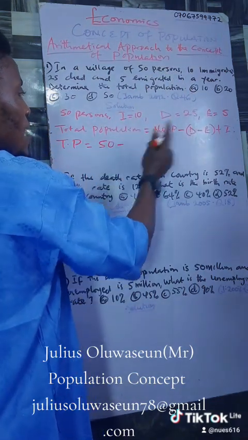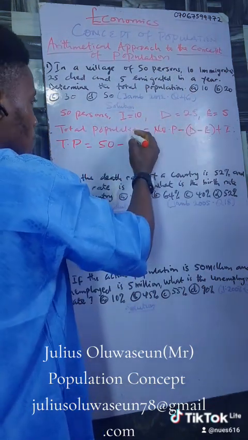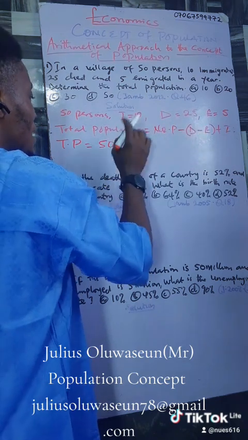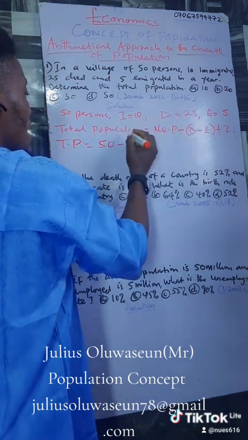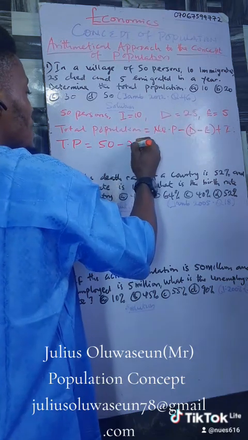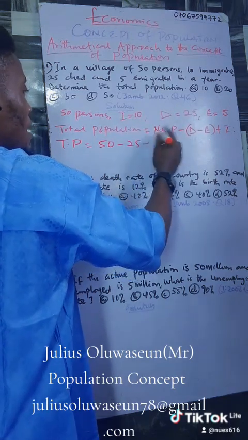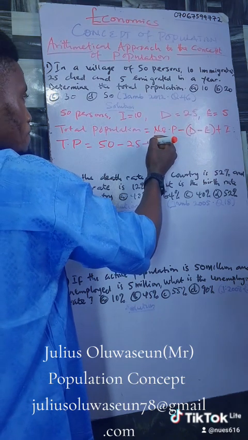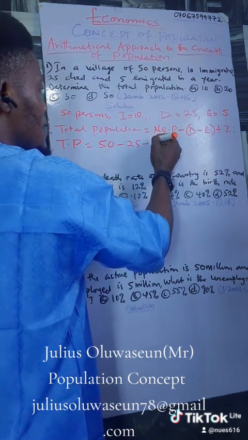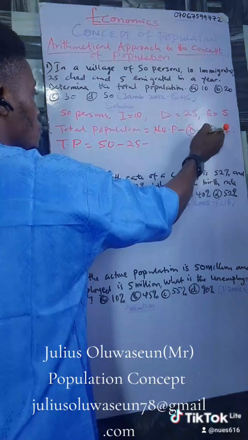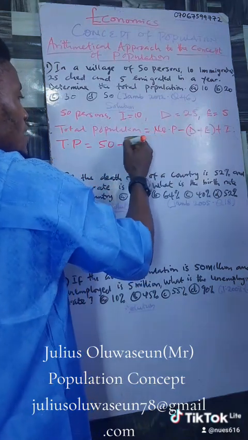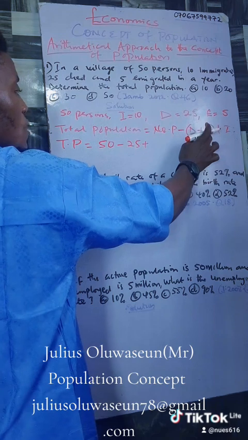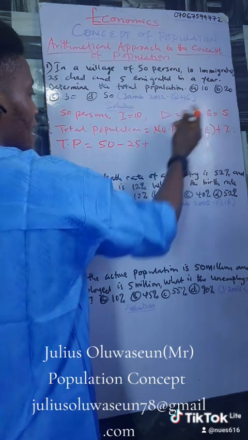So we now subtract. We are going to open the bracket. This is 50 minus, we have D to be 25, the death rate. We also have minus E, which is emigration. No, sorry, we can put our plus here. This is death rate plus emigration, that is 5.